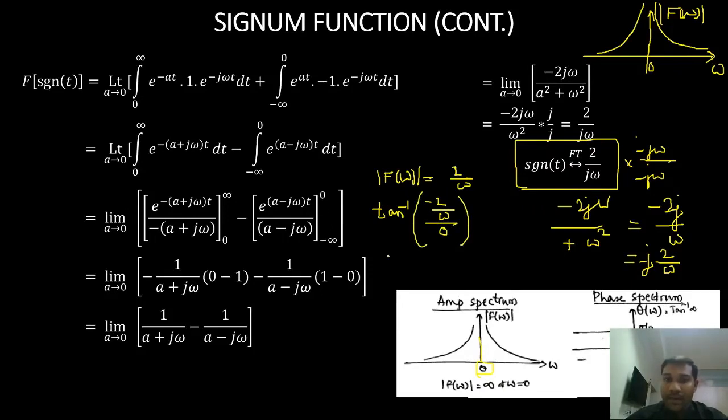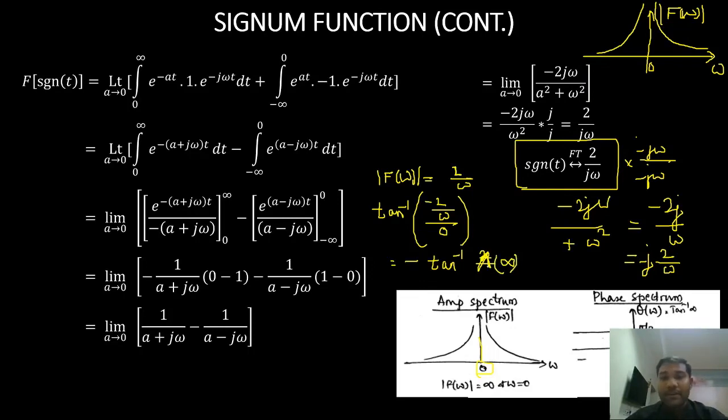So minus, I'll take it outside, that is nothing but minus tan inverse of 2 by 0, whatever it is, this whole thing reduces to infinity, right?